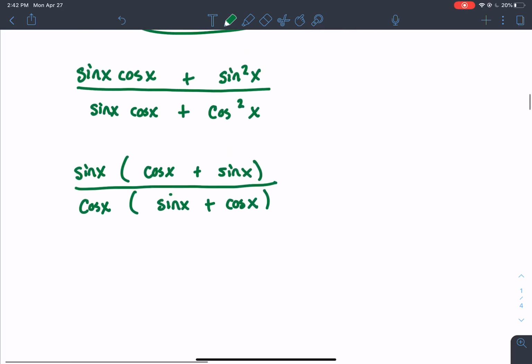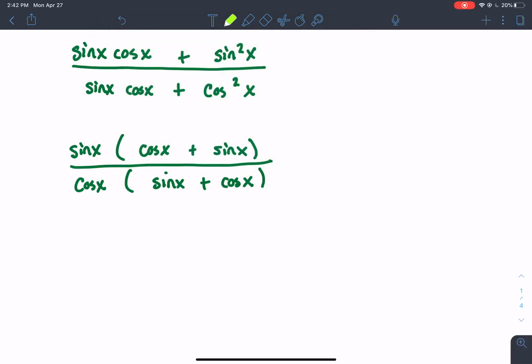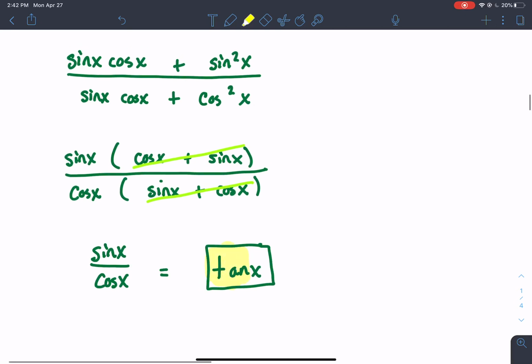Now, cosine plus sine and sine plus cosine are the same thing. So we can cancel that factor out. So then that's going to leave you with sine over cosine, which simplifies to just be tan x. So that is your final answer.